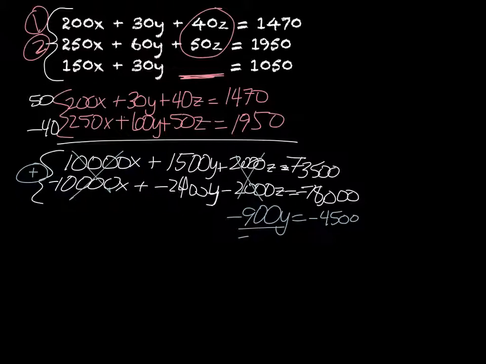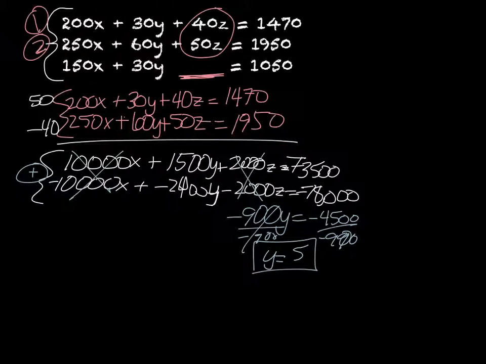So I divide by the negative 900. And y is going to equal a positive 5. So that means our y seats are $5. Those are our mezzanine seats. We'll get back to that later.